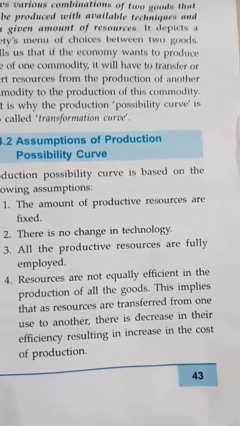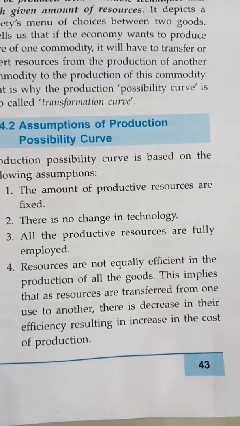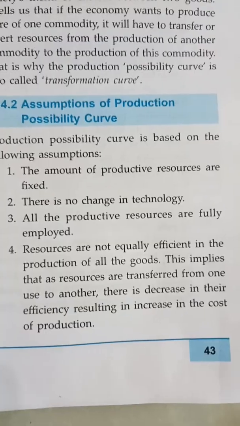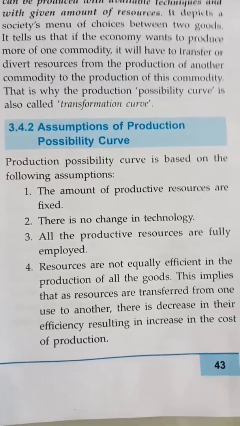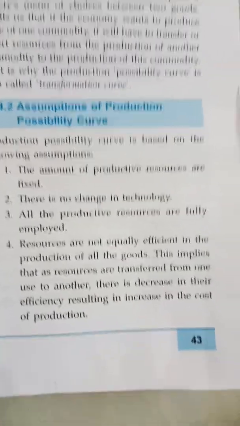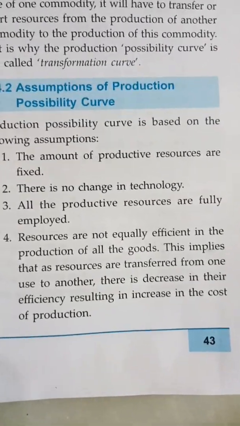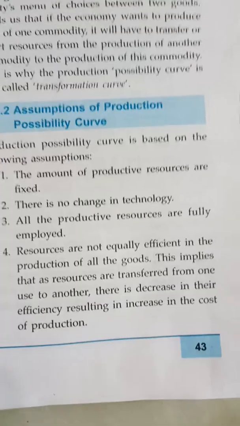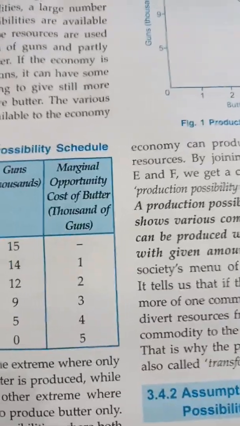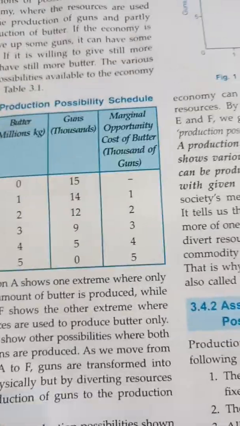This implies that as the resources are transferred from one use to another, there is a decrease in their efficiency, resulting in an increase in the marginal opportunity cost of production. That is why I was saying that the marginal opportunity cost of butter is increasing. Anyway, these are the assumptions.